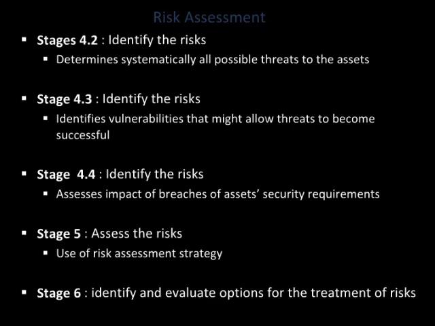The risks have their treatment chosen. The choices are to accept the risk, avoid the risk, transfer the risk, or control the risk. A risk is accepted only if it meets the criteria for risk acceptance defined at Stage 3.